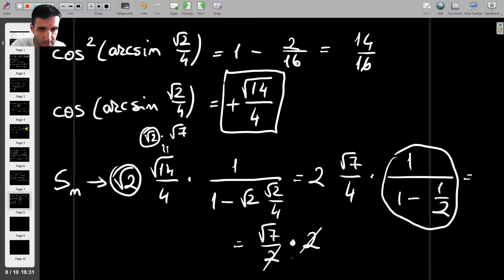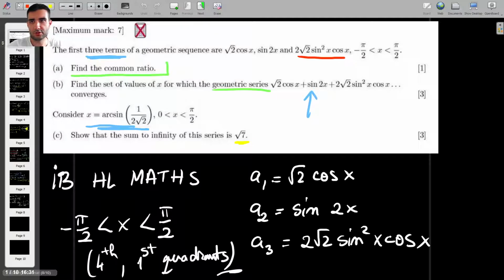So those two cancel out, so the final result is going to be root 7, which is what the question wanted us to show, right? So we're given this, and then using this by plugging this in here, we showed that the infinite sum is root 7. And that's the end of the question.